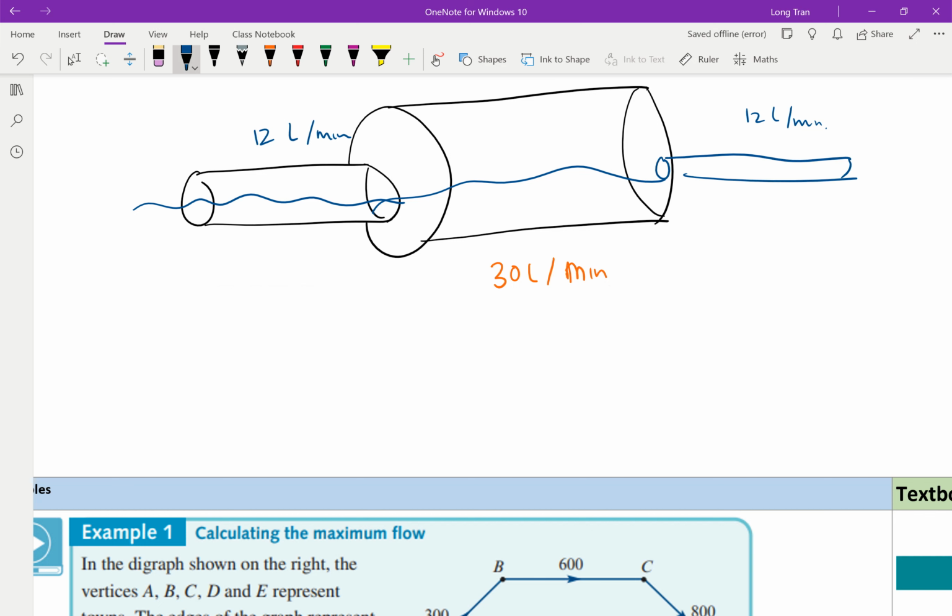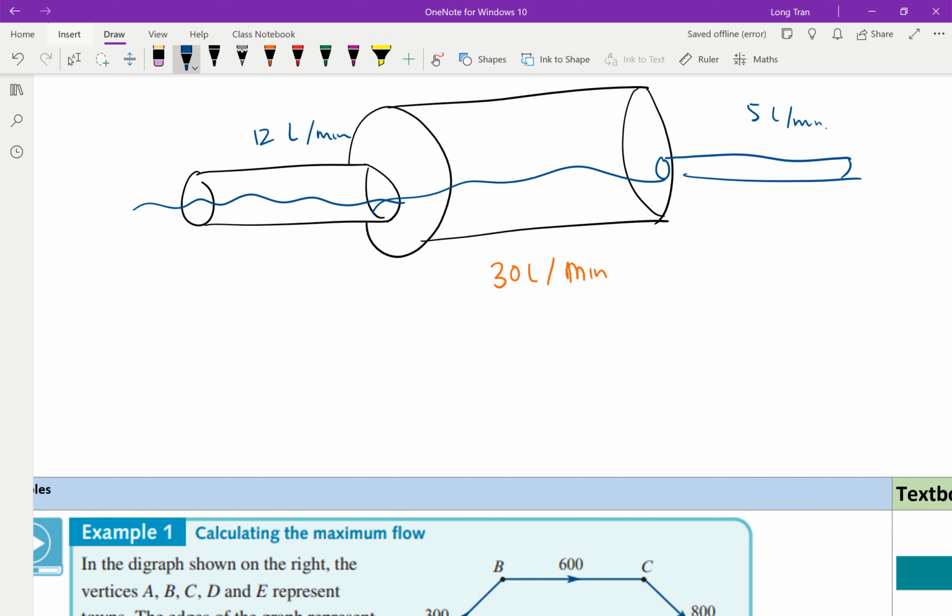And this only now has 5 liters per minute. What's the maximum flow that will come out? 5. You see, so what's important here? There's a pattern. There's a pattern that out of all the pipes, it's what the smallest pipe connected to each other is. That's the maximum flow that you can get.